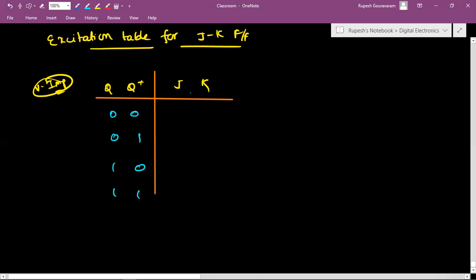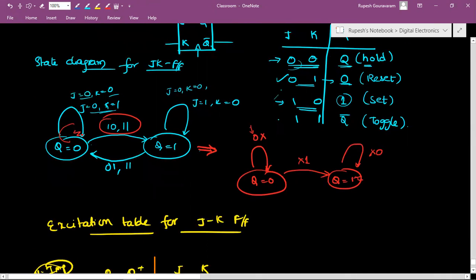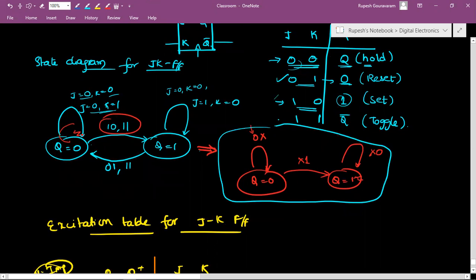So if we take the J and K states, then for 0 0, that is present state is 0, next state is 0, what is the possible case? 0x, right? This 0x I am saying from this particular diagram.